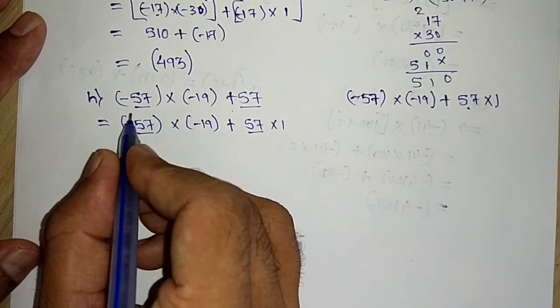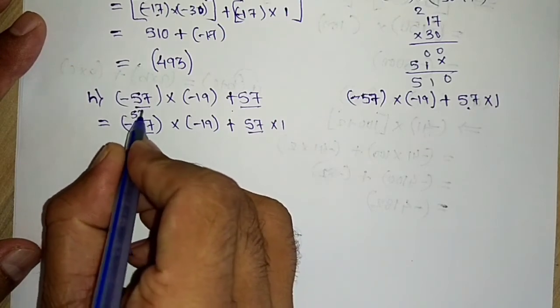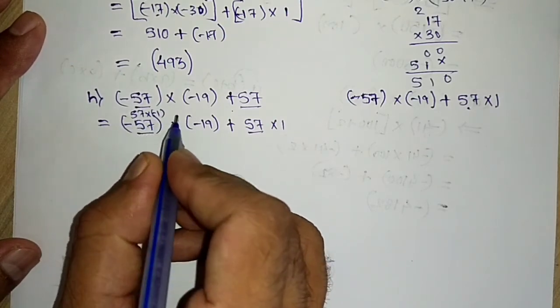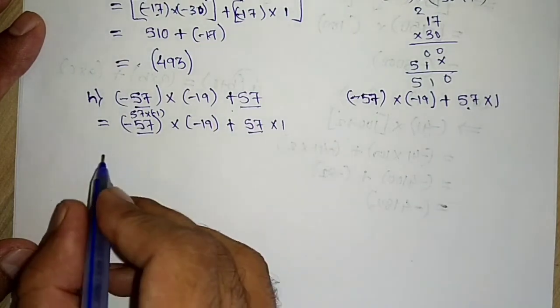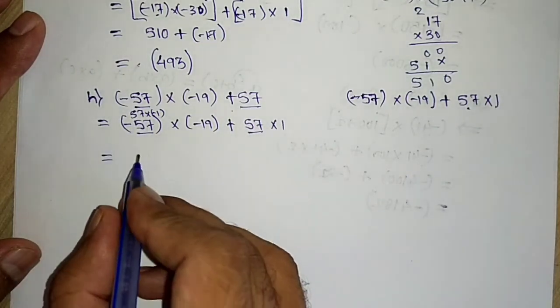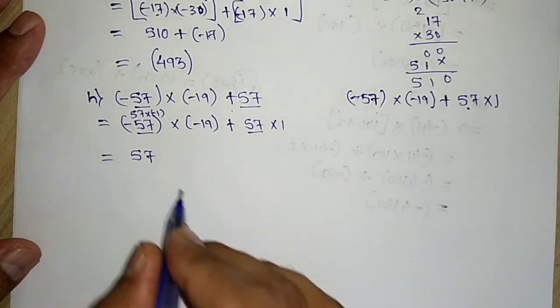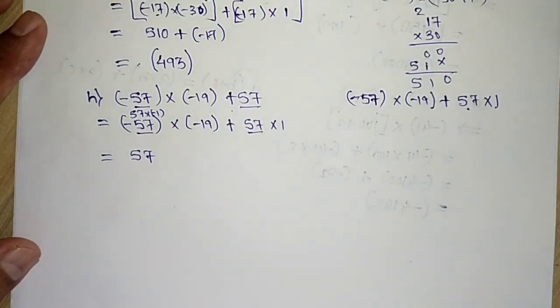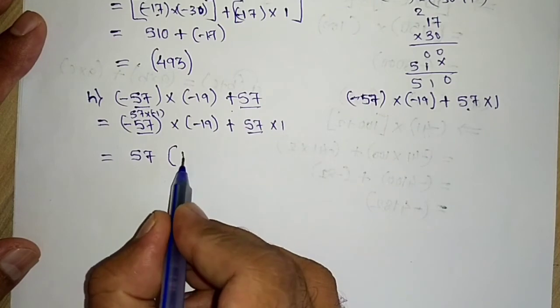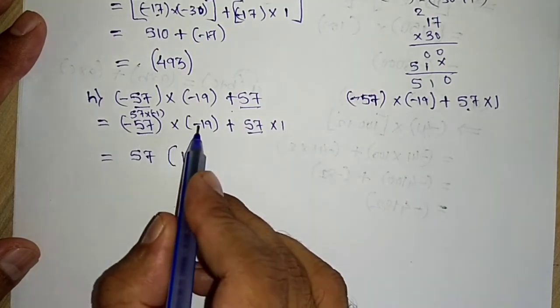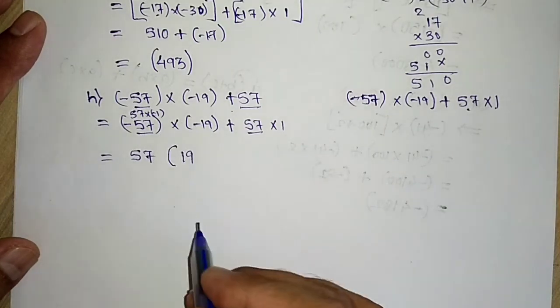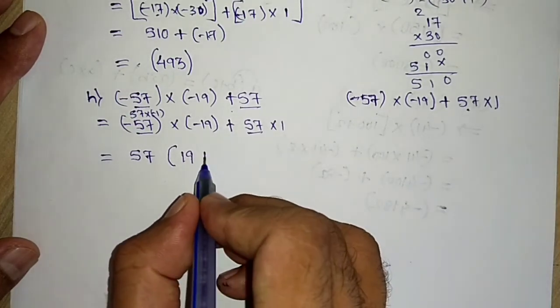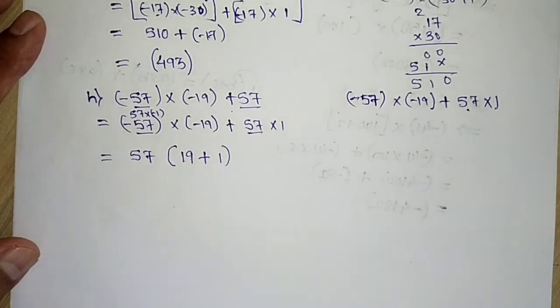So what we have done before, we have taken 57 into minus 1 and then took the 57 common. So I will take 57 common, and this minus 1 will multiply with minus 19, that will give me 19, because minus and minus into minus will give me plus, plus this 1.